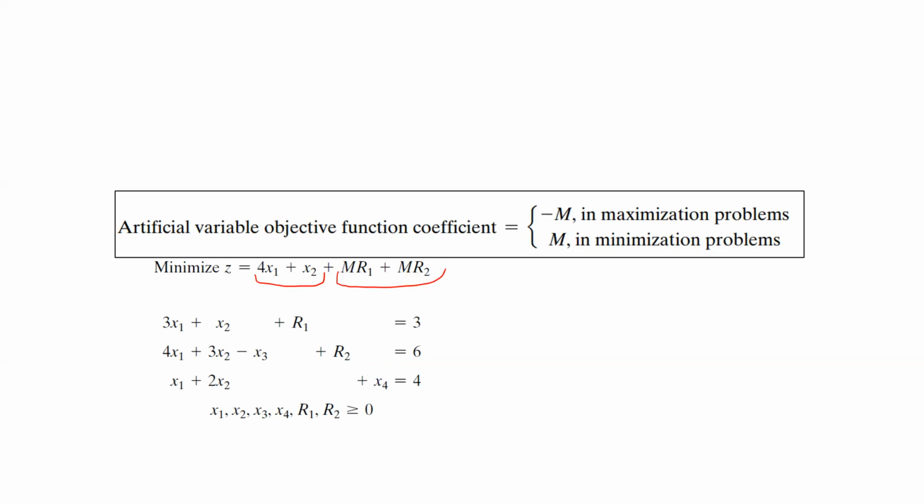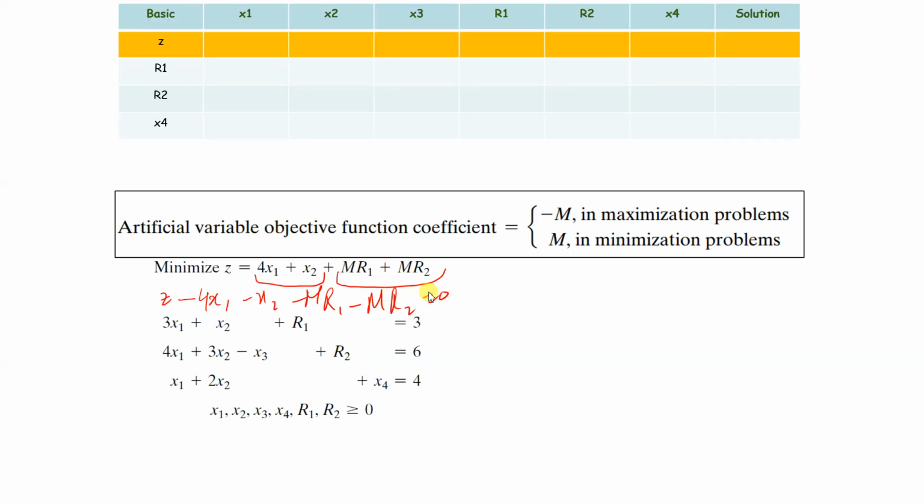Now we'll start with the initial tableau of the simplex method, and for this we need an equation from this objective function as well. Let's write the corresponding equation: Z minus 4x1 minus x2 minus Mr1 minus Mr2 is equal to 0. So this is the initial tableau of the simplex method.